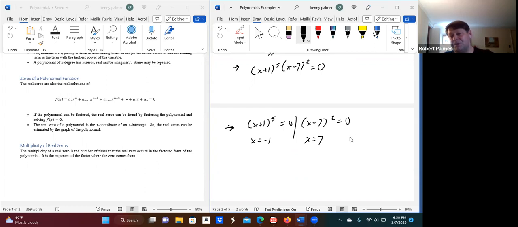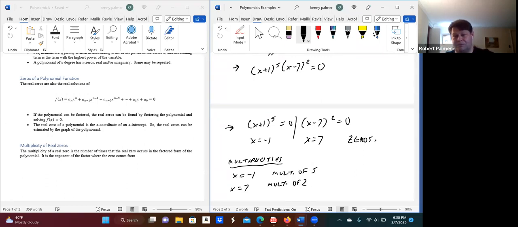So these are our zeros. Then our multiplicities: x equals -1 has a multiplicity of 5, so this one occurs 5 times. And x equals 7 has a multiplicity of 2, as we can see.